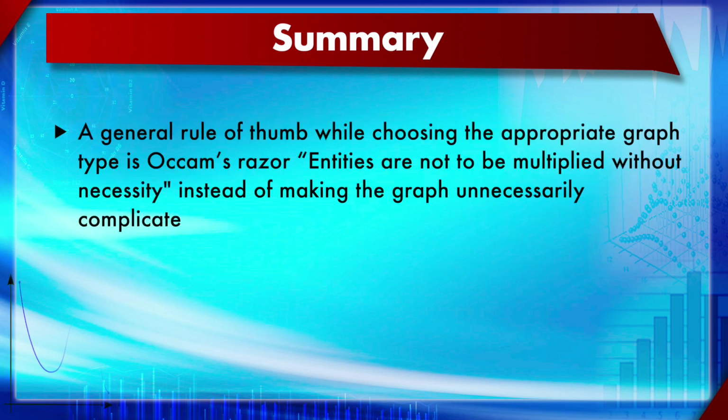A general rule of thumb while choosing an appropriate graph form is Occam's razor. Don't go for unnecessary complications if simple illustrations can fulfill whatever you have in mind to convey, or however you want to visually summarize your data set.